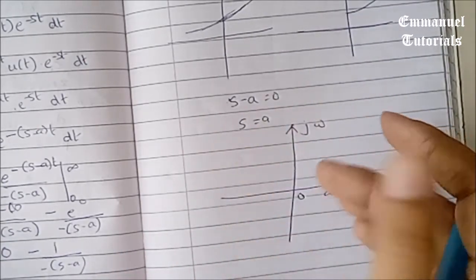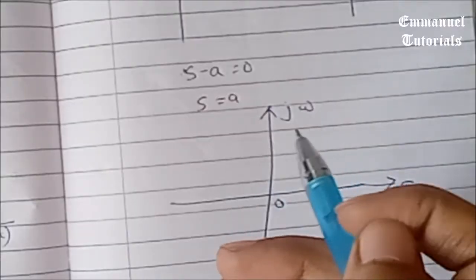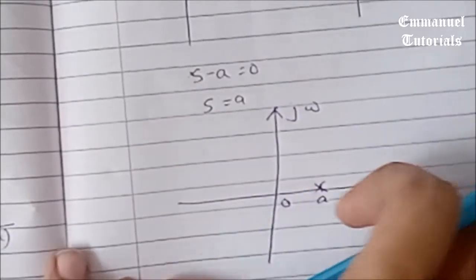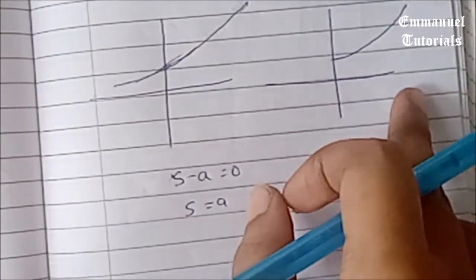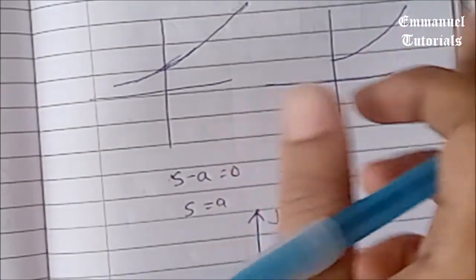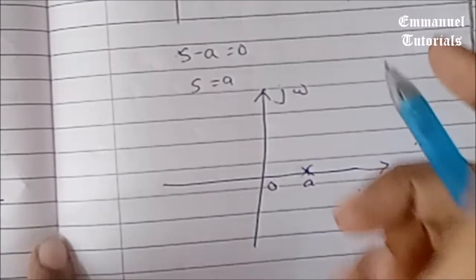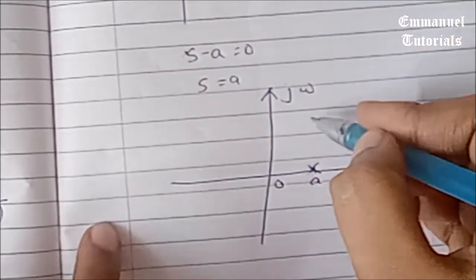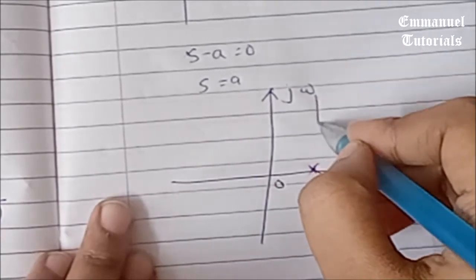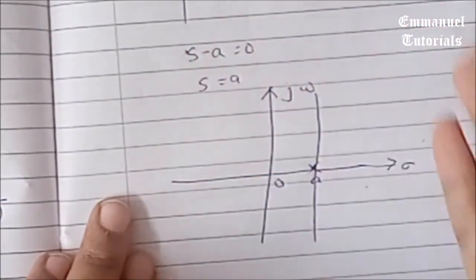Now for plotting, the region of convergence will always be on the side where the resultant signal x of t is present. So here we have the resultant signal on the right hand side. So our ROC will also be extending to the right hand side. So if we see that our pole is situated at s is equal to a, our region of convergence will be at a value greater than a.